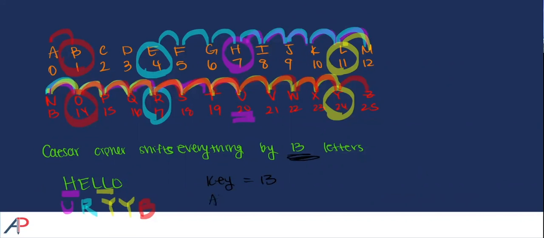Our algorithm was to shift by key letters. In our case, remember, key is 13 though. So if I want to decrypt, I just need to shift backwards. This is why it's symmetric, because what I do forward, I do the same thing if I want to go backwards.